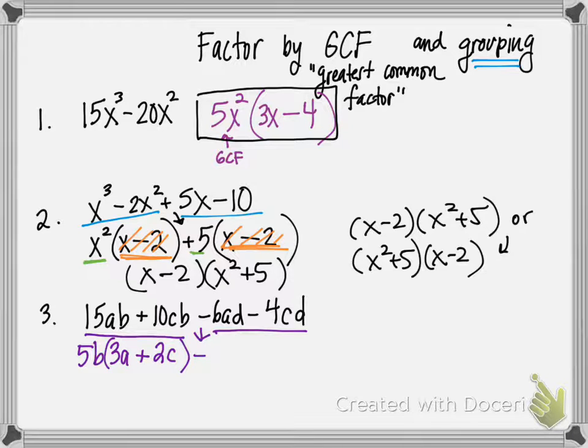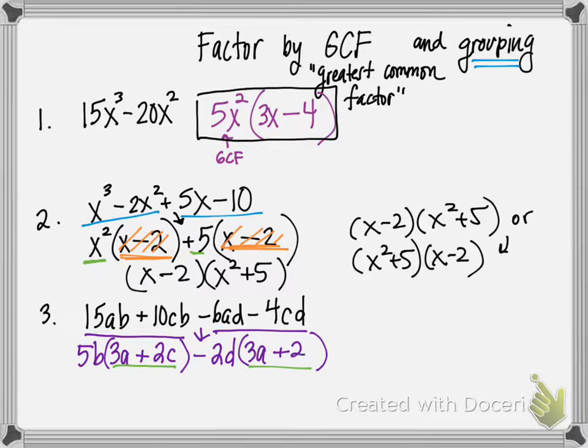Next pair, biggest number that divides 6 and 4 is 2. And looking at what variables they share, I notice they both have a d, so we're pulling out a d. So 2d times what gets me back to 6ad, that would be 3a. And then I know that the parentheses has to match, so if this is a 3a plus 2c, then this has to be a 3a plus 2c.